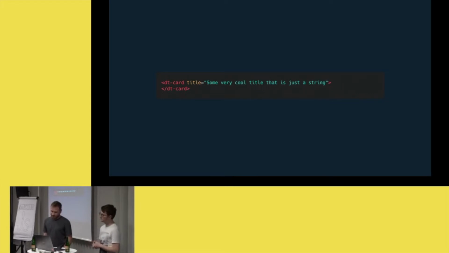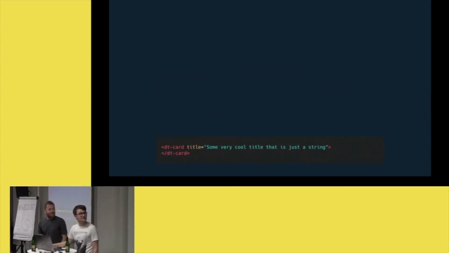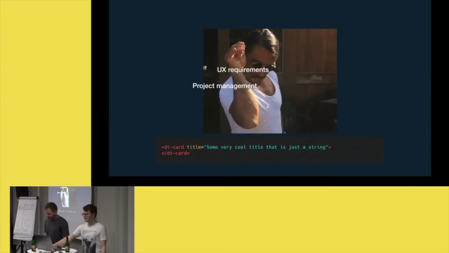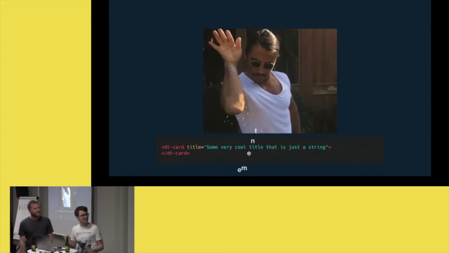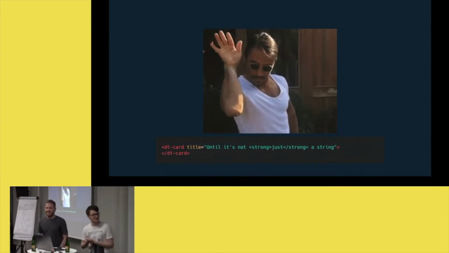So when we first started creating those components, we talked to UX guys and we talked to PMs, and the message was, okay, the title is just a string. And what happens is, after some time, new UX requirements and new project management requirements get sprinkled on top, and the title becomes something that's not just a string.